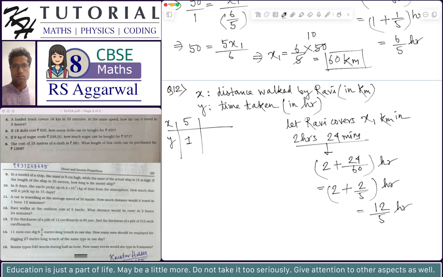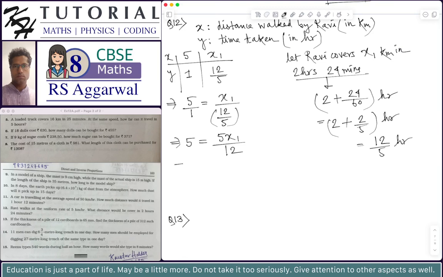So we can enter the new data x1 and 12 by 5. So now we can say 5 by 1 is equal to x1 by 12 by 5. This implies, after simplifying, we get 5 is equal to 5x1 by 12.